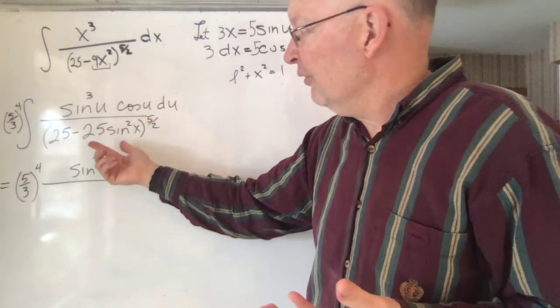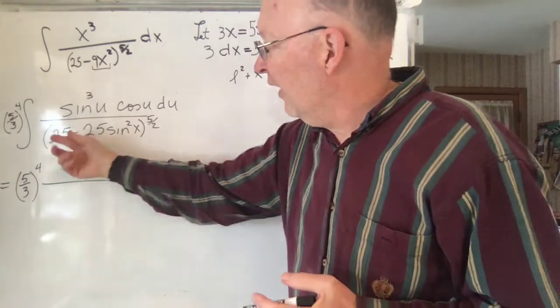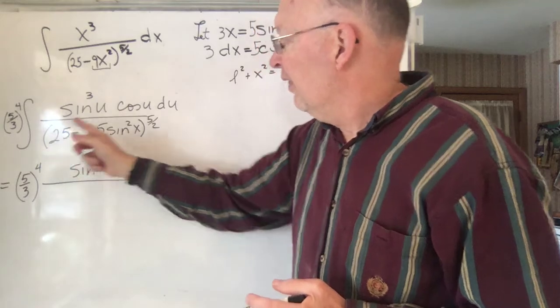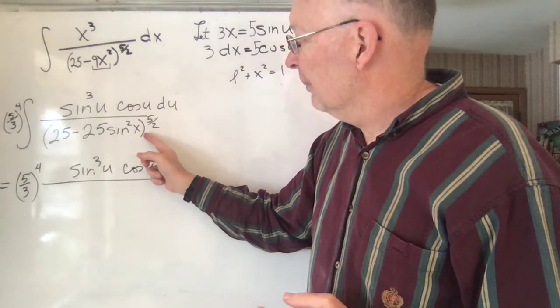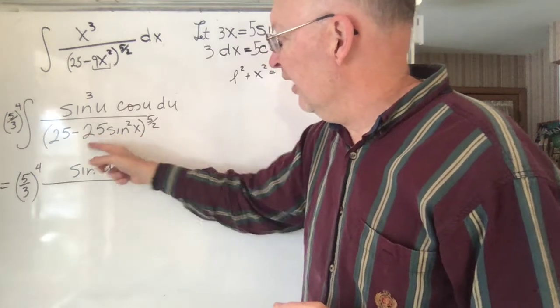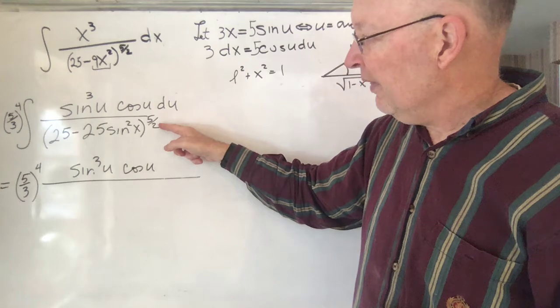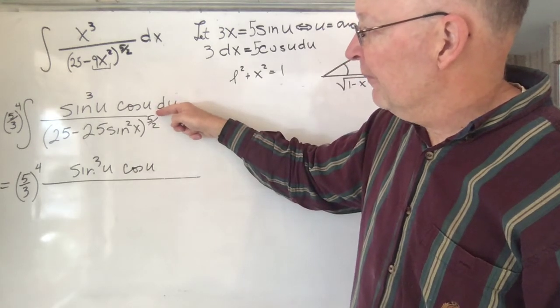Again, I'm going to do a bunch of algebra here, okay? This is algebra. I'm going to factor the 25 out from both of these. So I have a 25 here. Then I'm going to bring it outside of the parentheses. When I bring it outside, I have to first take it to the square root power. The square root of 25 is 5, and then it's going to become 5 to the 5th.